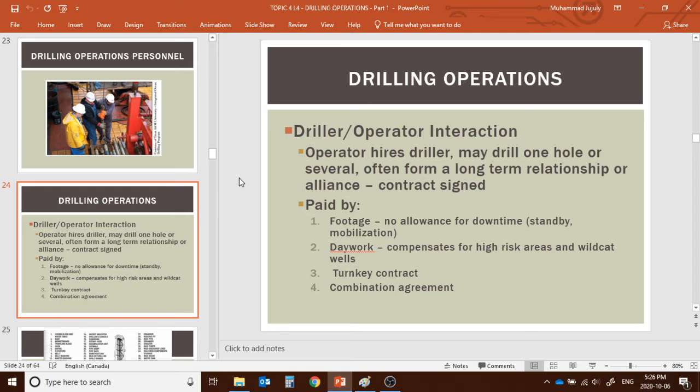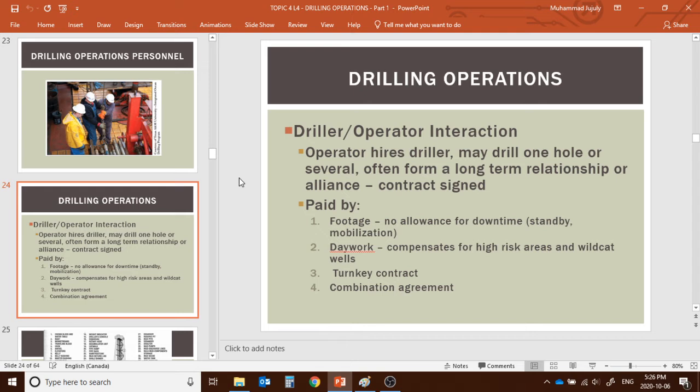The options are the footage contract, which can be considered per meter, the day work contract, the turnkey contract, and a combination. For the footage or meterage contract, the operator agrees to pay the contractor a certain amount for each meter or foot of the hole drilled.